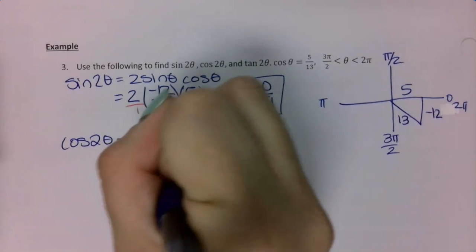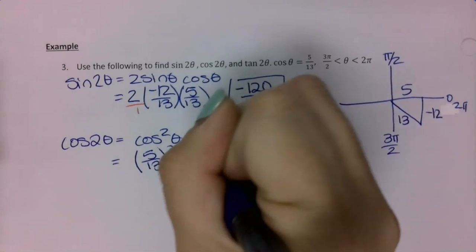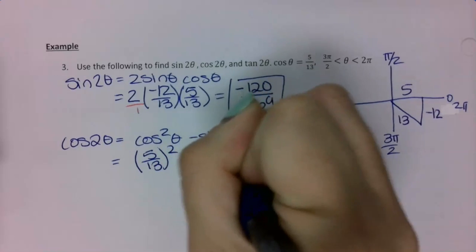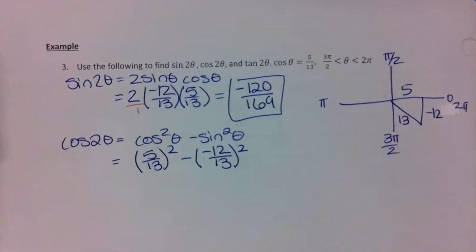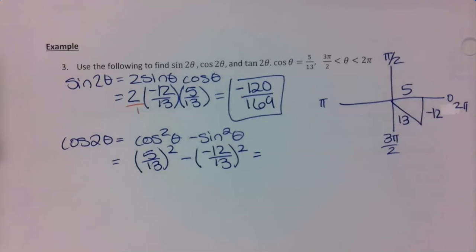And this whole fraction is getting squared. Sine was negative 12 over 13, and that whole thing gets squared. When I'm squaring fractions, I square the numerator and denominator separately.